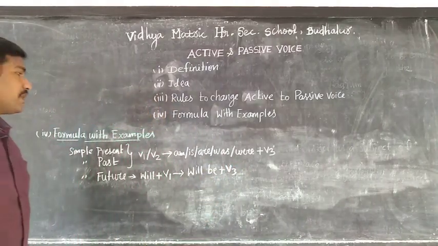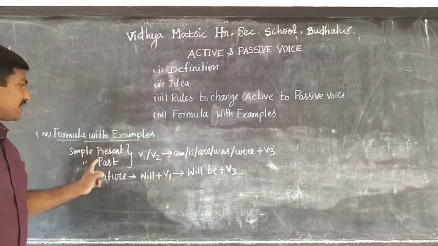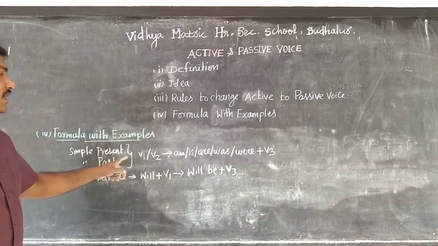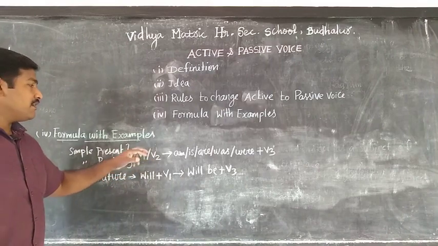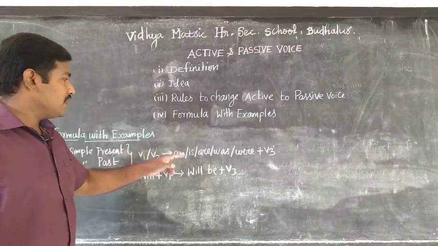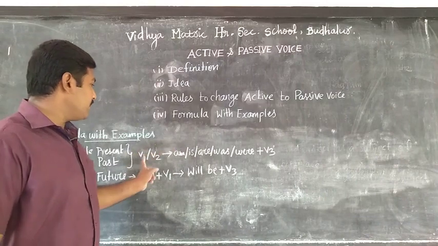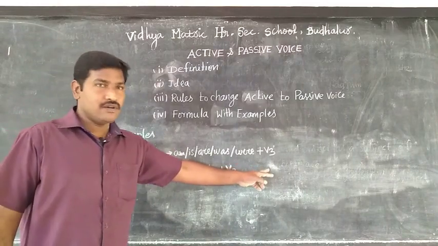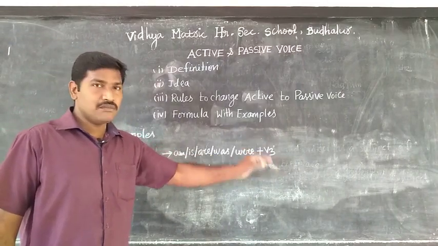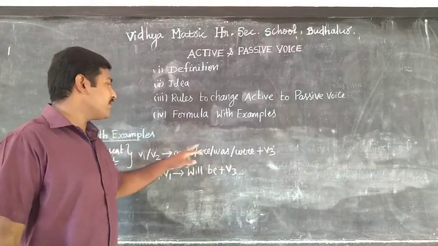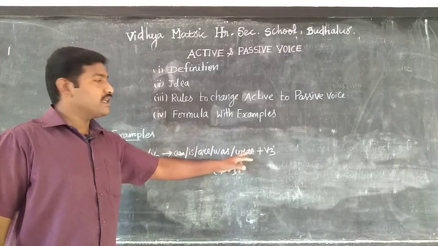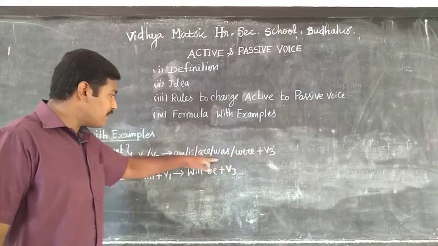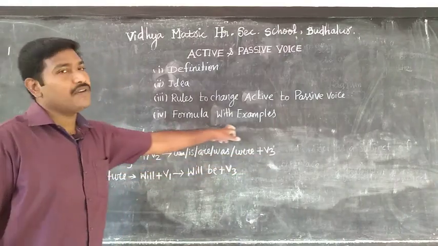It's a very simple formula. In the simple present tense or simple past tense, the V1 verb or V2 verb will come. When we change into passive voice, we should change V1 or V2 into V3 verb. The V3 verb will come along with any one verb of am, is, are, was and were. It comes along with any one of the be forms.